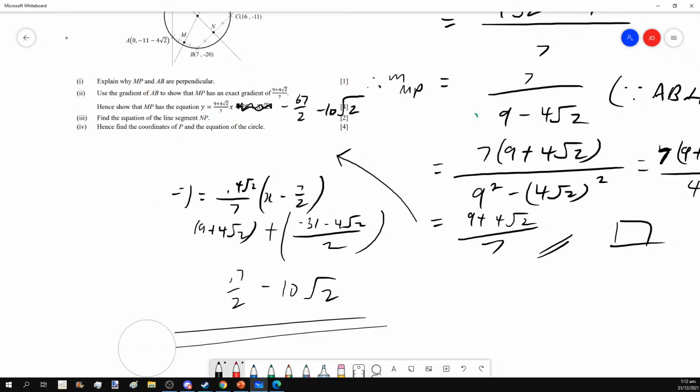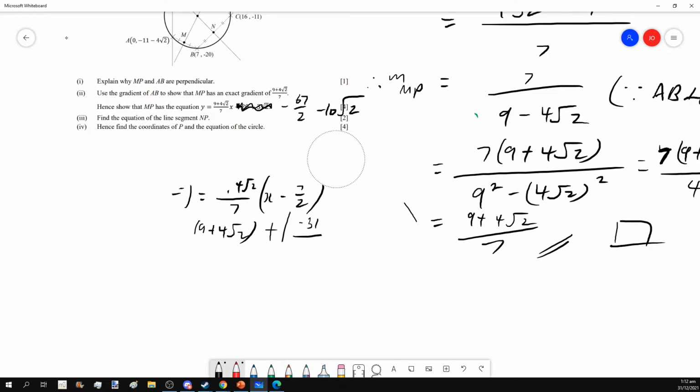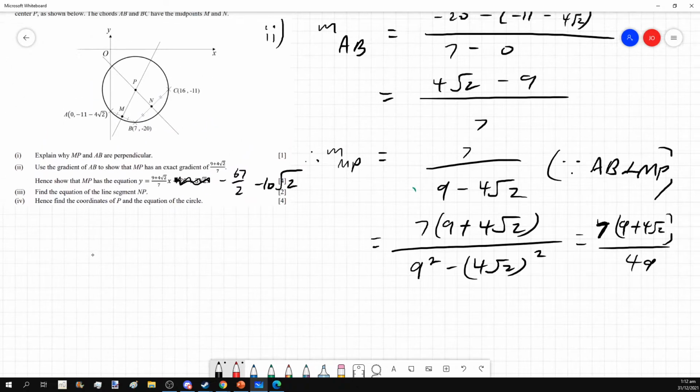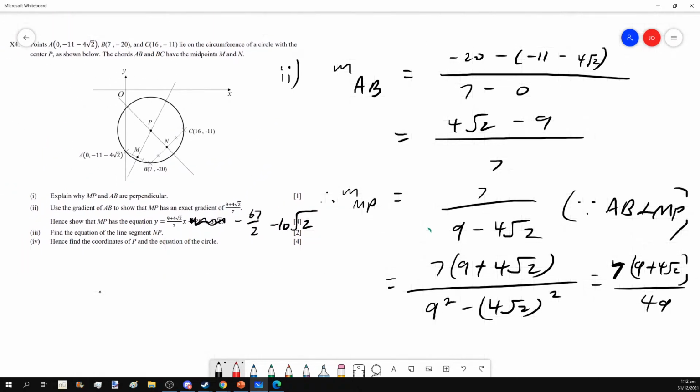Alright, now the next part asks, can you find the equation of the line segment NP? Right, so the equation of the line segment NP will simply be this entire line over here. So how do I find this line?